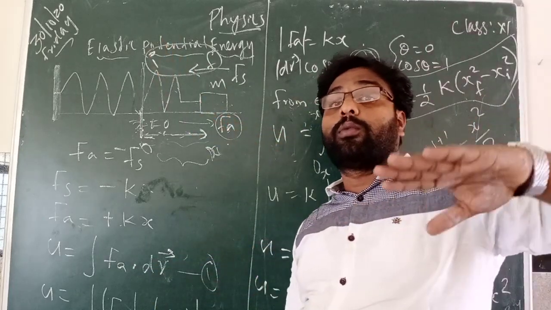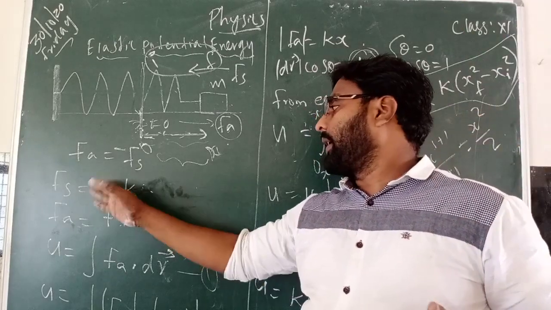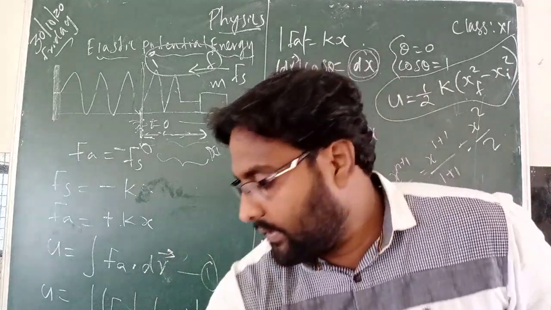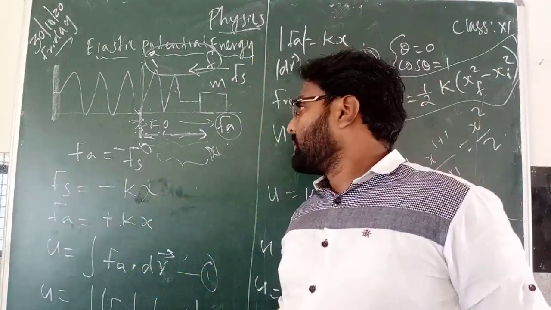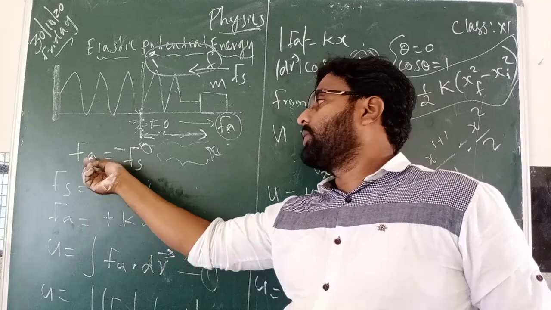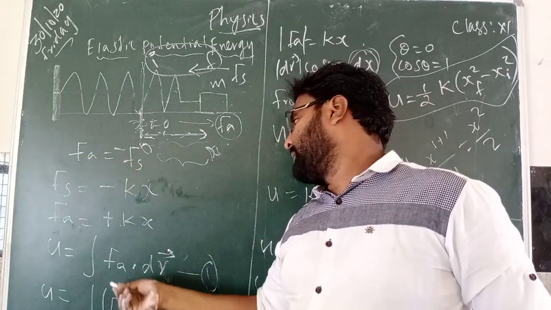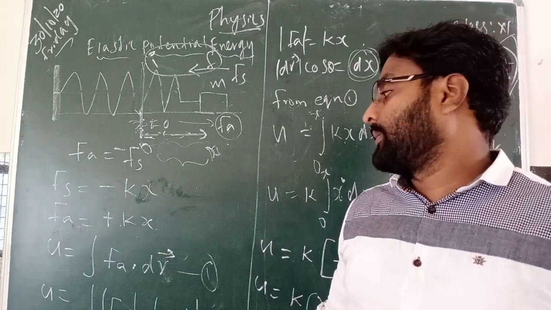So there is a restoring force, Fs, acting. According to Hooke's law, we can write Fs equal to minus kx. Minus kx means it acts in the opposite direction. So Fa is equal to minus Fs, so Fa is plus kx.